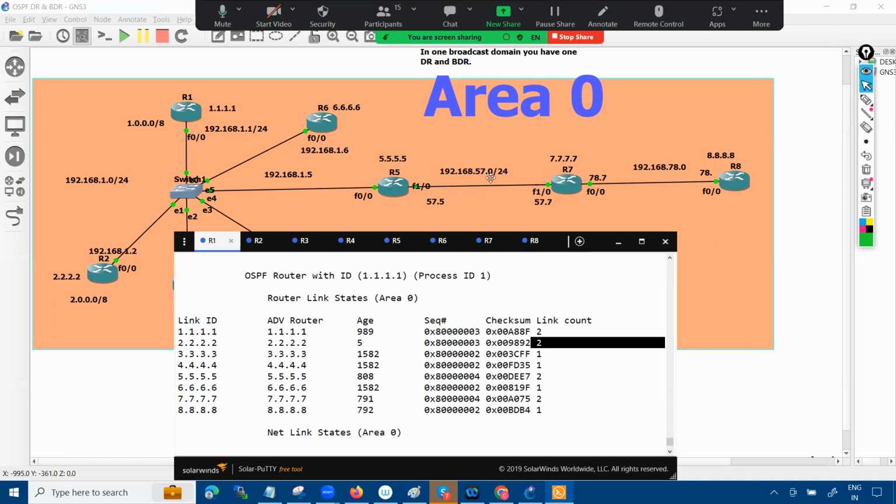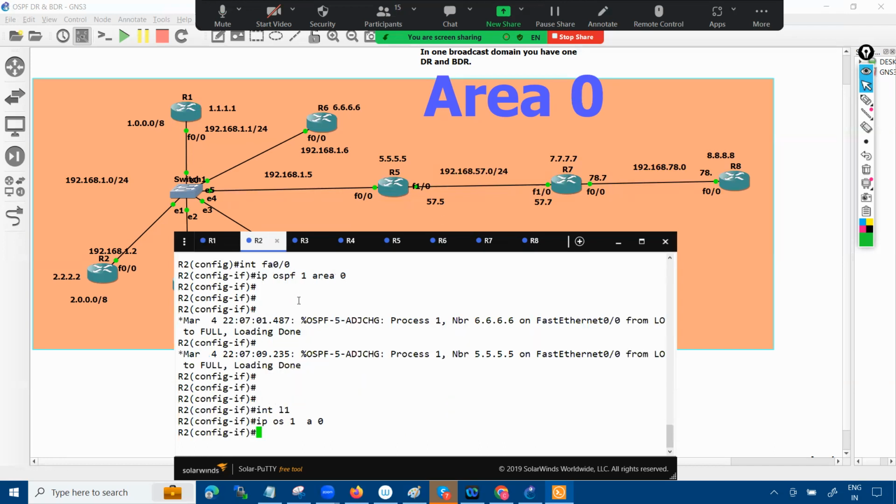So either you can enable by the network statement, or you can enable at the interface level. If you talk about the network statement, we are advertising the networks, right? Eventually we are enabling the interface in the network statement as well. Remember the theory of the network statement I told you, that it enabled the interface into the particular routing protocol.